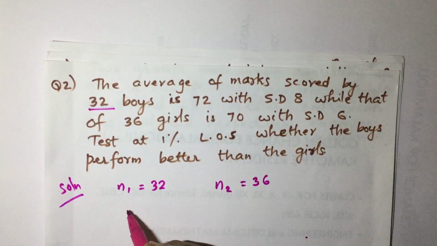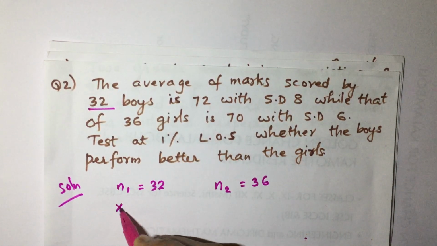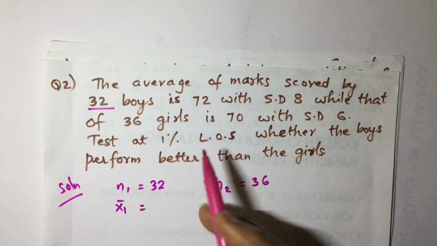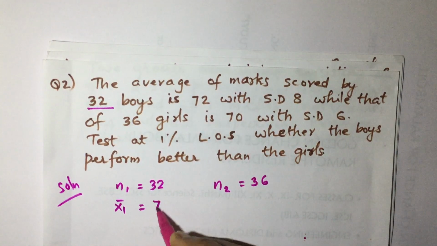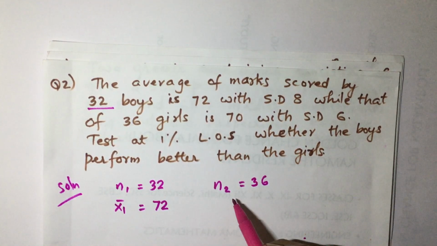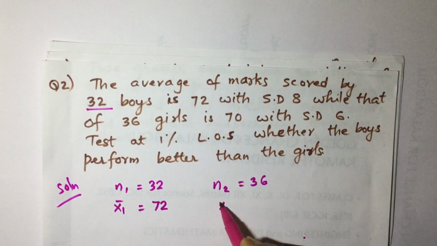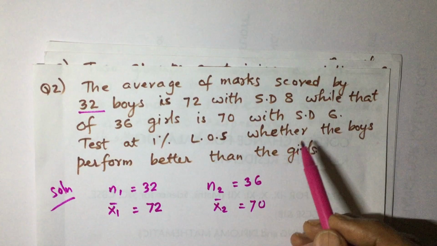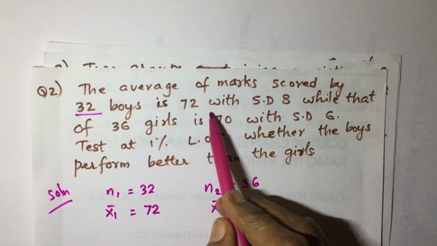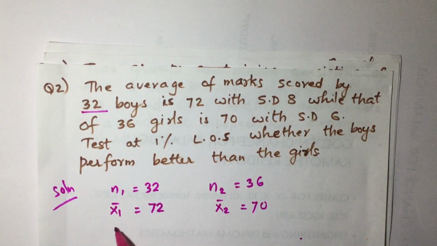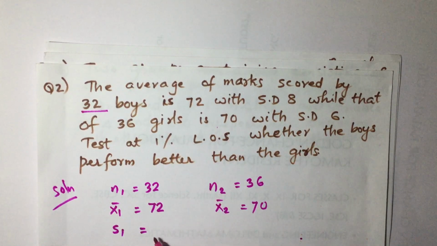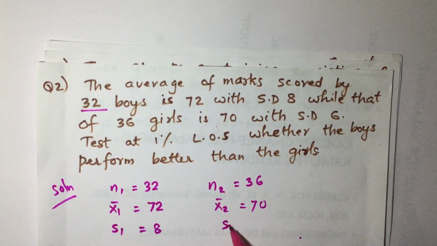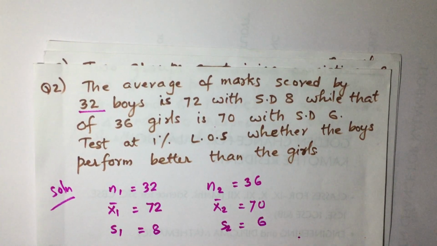And x1 bar is 72, that is, the mean marks of the boys is 72, and x2 bar equal to 70. Here the standard deviation of the boys, S1, is given because it is a sample, that is 8, and S2 is given as 6.